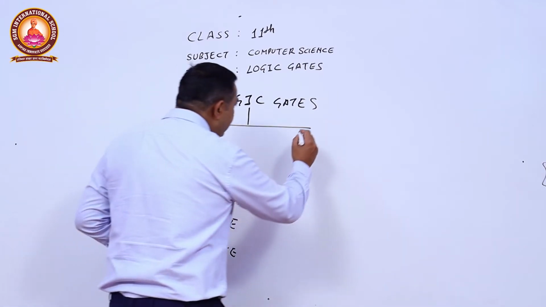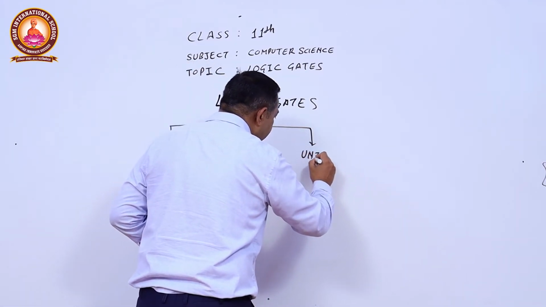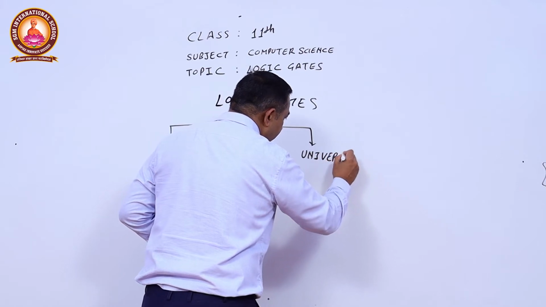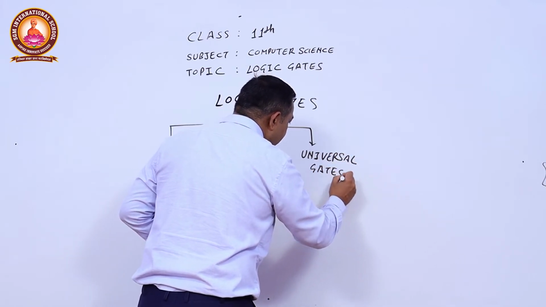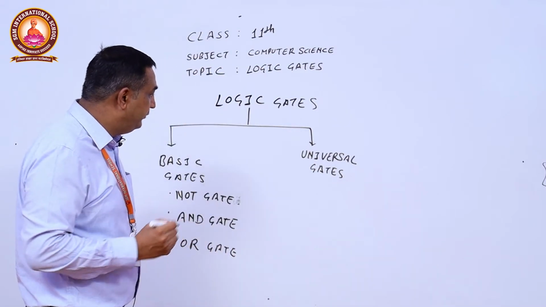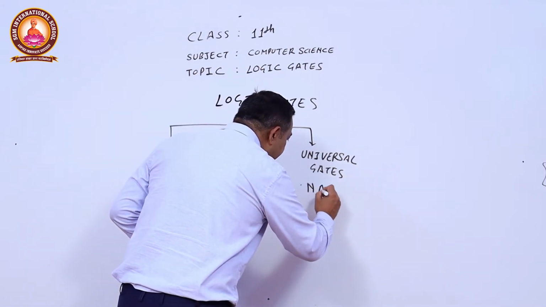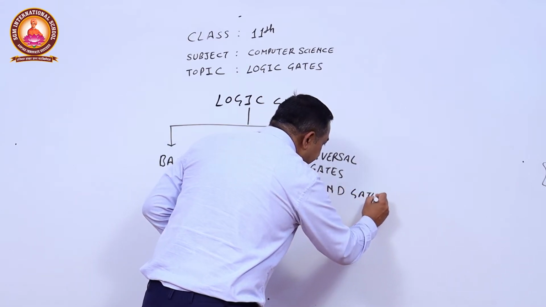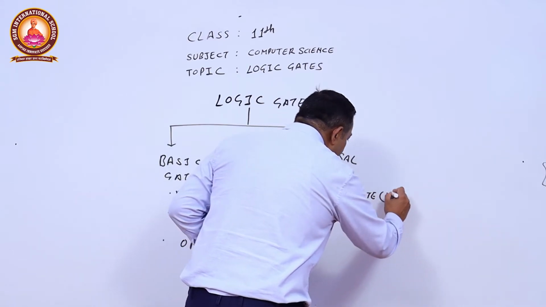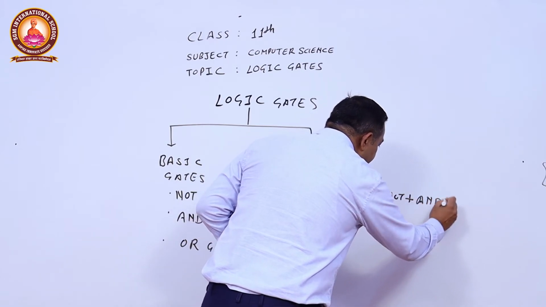The second category is the universal gates. In this category there are two gates. First is the NAND gate, which means NOT plus AND.